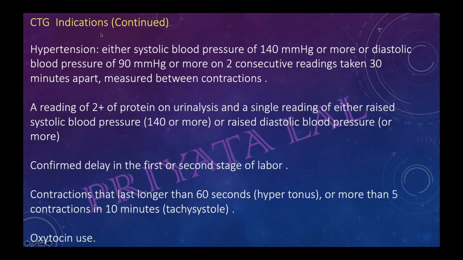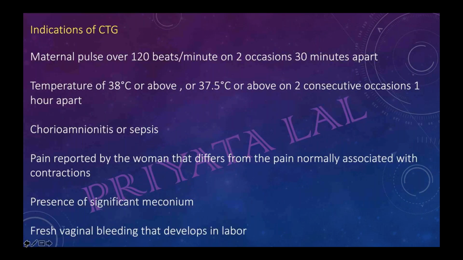Then apart from this, there is a question from Dr. Priyata: are these indications for admission CTG or indications for continuous CTG? Good question. In the UK, they are not doing admission CTG. If a patient comes to a labor ward, they will not do CTG for everyone.